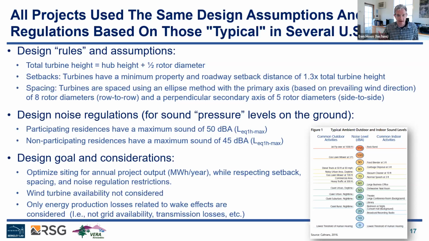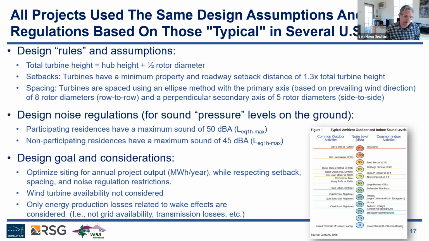We space the turbines out based on what is conventionally used, 8 rotor diameters row to row based on the prevailing wind direction, to give them enough space so that there aren't big losses due to wake effects. But side to side, we use 5 rotor diameters to space them out. They obviously don't always operate in the prevailing wind direction, so we take that into account with the 5 rotor diameters side by side.